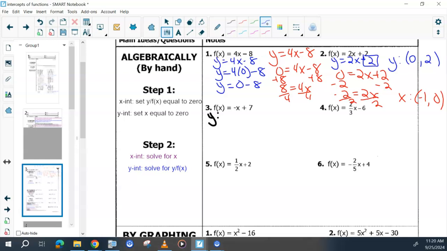So how would I write that? If I'm looking at just that last number. (0, 7). There you go.